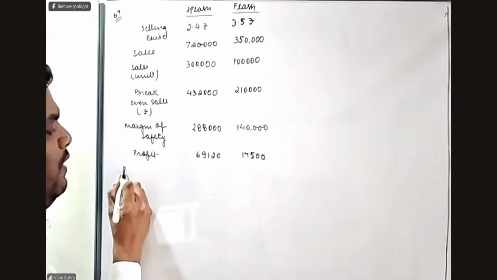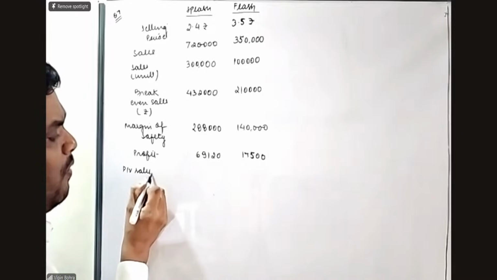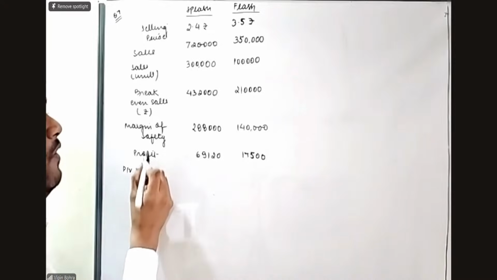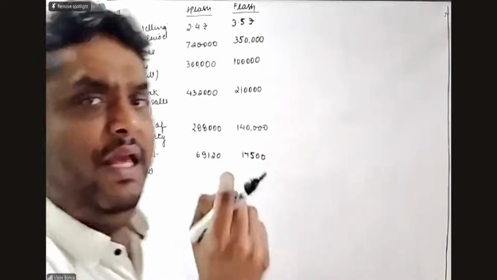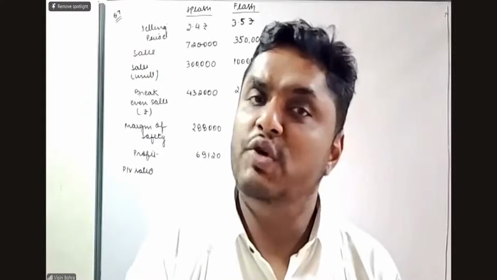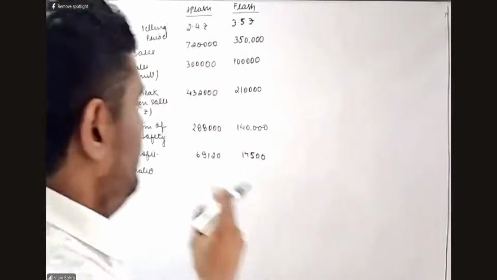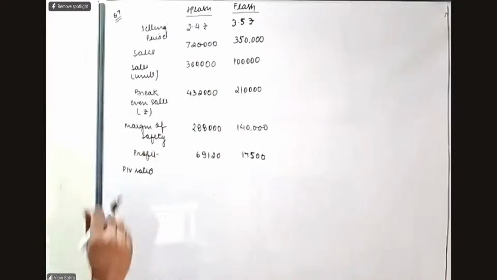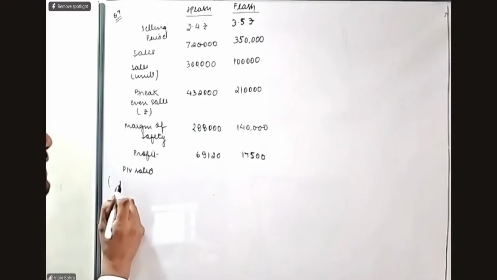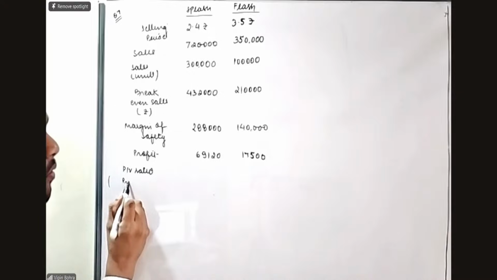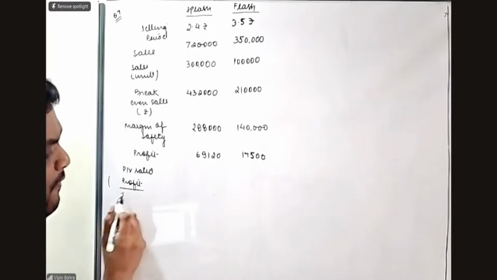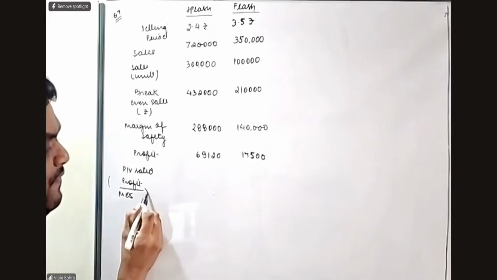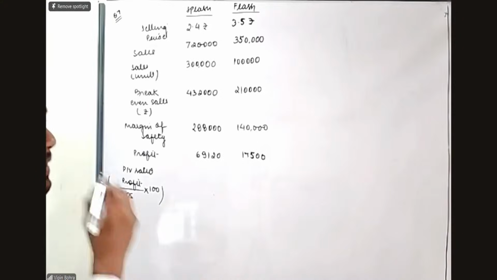We can easily calculate the PV ratio. Profit divided by PV ratio is margin of safety. So we can calculate profit divided by margin of safety into 100, which will be my PV ratio.